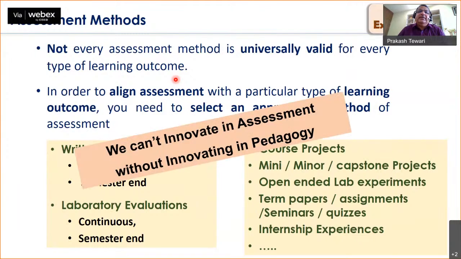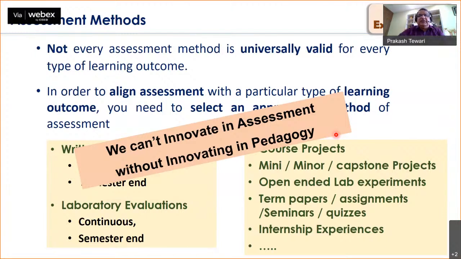Okay. And from our experience, we tell you, we can't innovate in assessment without innovating in pedagogy. What does it mean? If you are going to teach the subject the way you have taught in the last few years, then only because you attended a workshop and AICTE is demanding reforms in examination, you cannot suddenly change your question paper. That is, you cannot innovate in assessment.